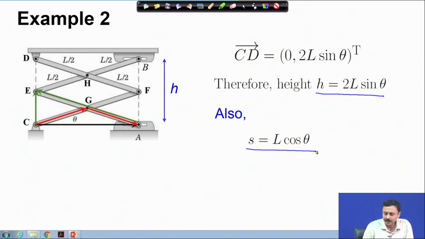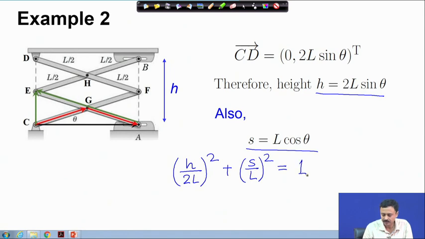If we eliminate theta between the two, which is done this way, H by 2 L is sin theta. So, sin square theta plus S over L is cosine theta, so that square is equal to 1.